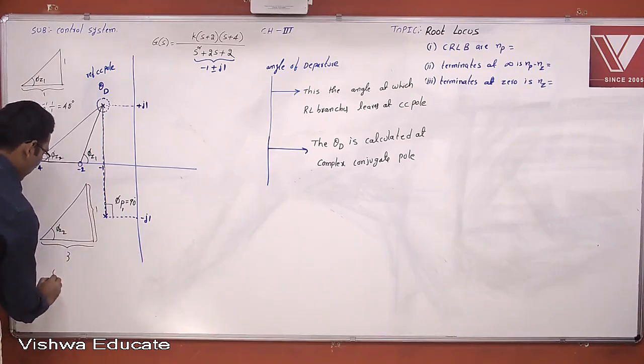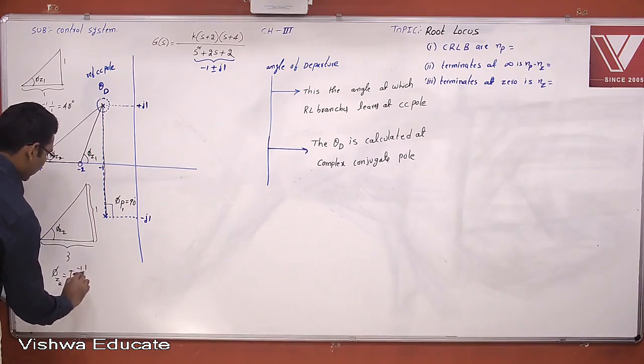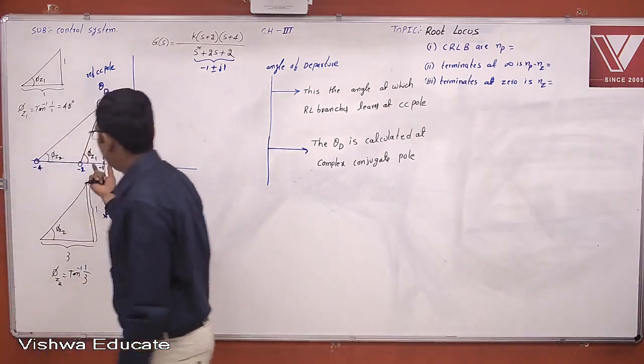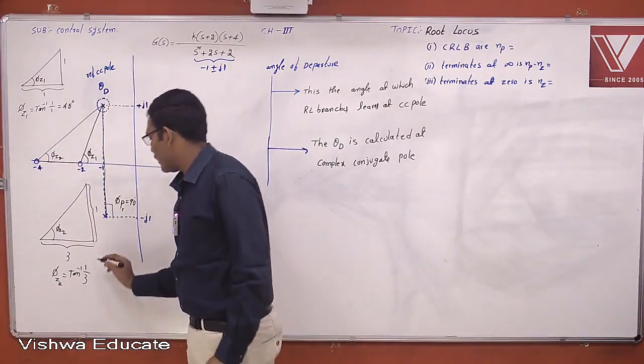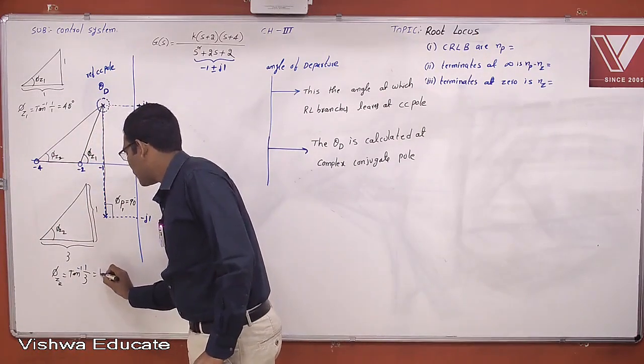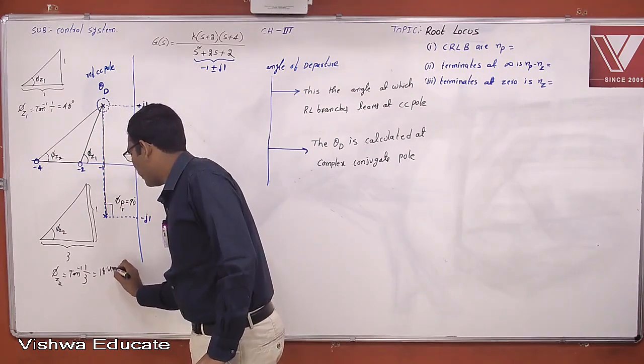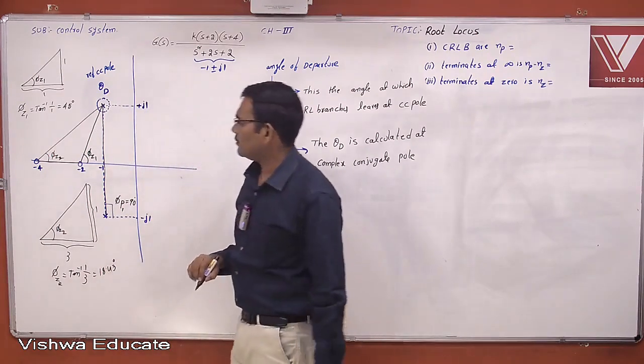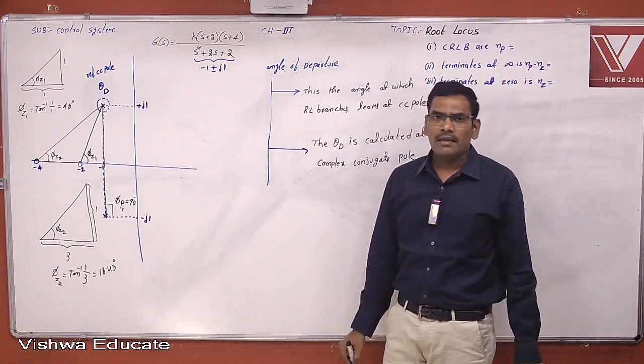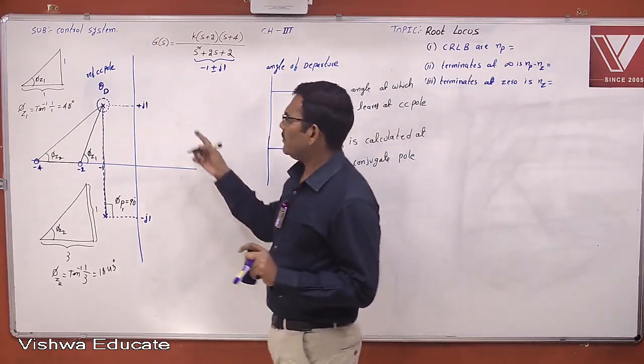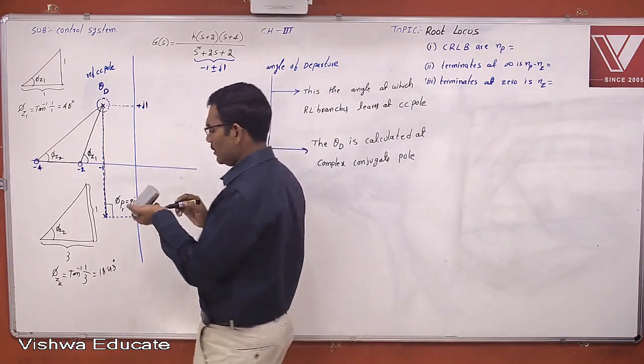So phi z2 is equal to tan inverse of 1 by 3, which is 18.43 degrees. Like that you can measure all the angles made by poles and all the angles made by zeros.